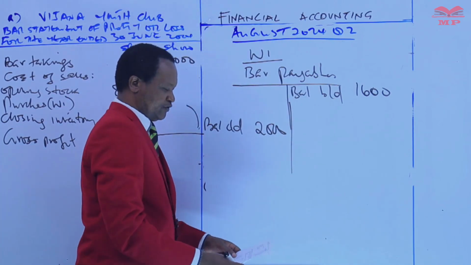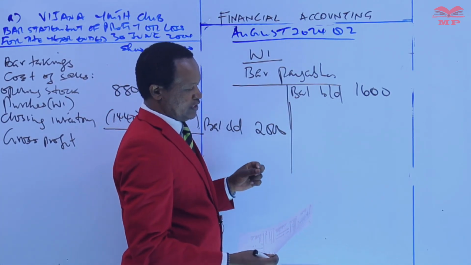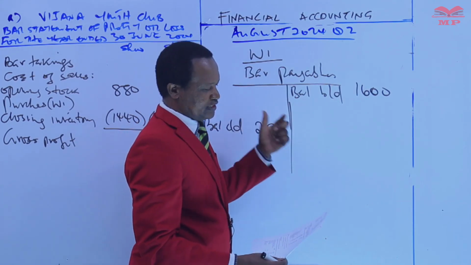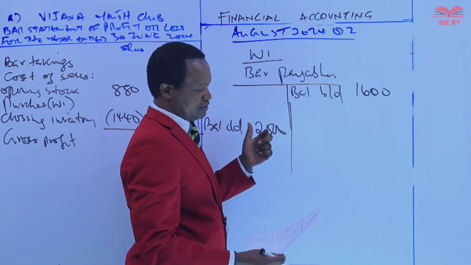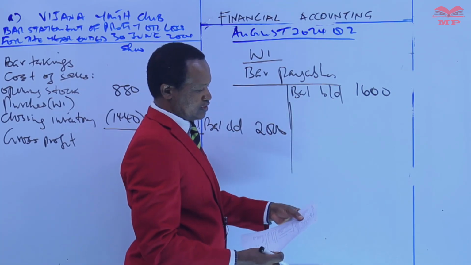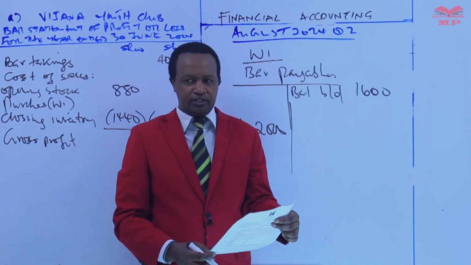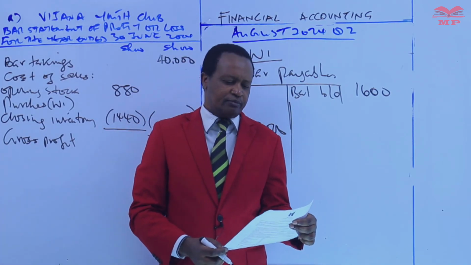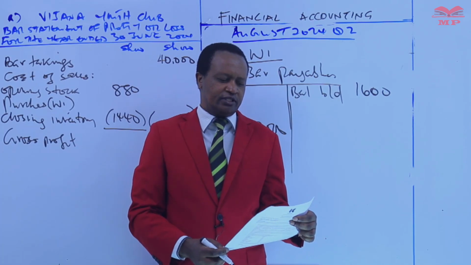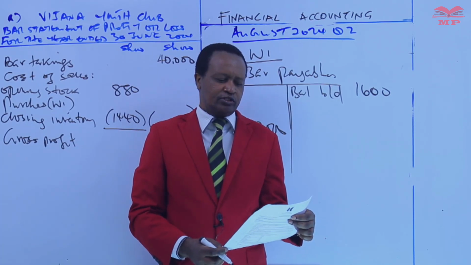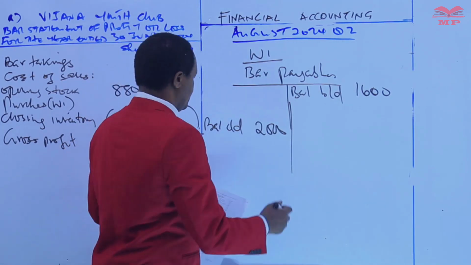Then we check for any payments. Do we have any payments to creditors in the receipts and payment account? Yes, look at the fourth last item, please. We have bar payables. That means that the receipts and payment, which is equivalent of a bank account, was credited and bar payables debited.